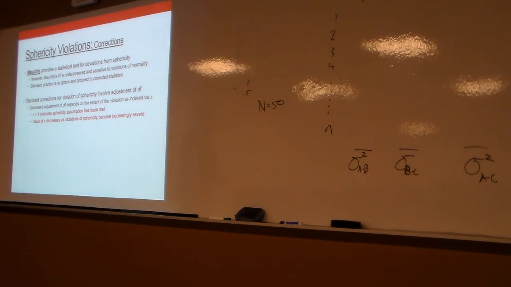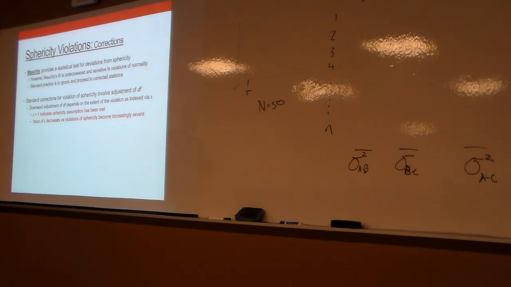Usually it's a downward correction. Same thing with our Fs. Depending on what correction we use, we test our test statistic against a critical value with different degrees of freedom indicated by our test, and that adjustment is based on the extent of the violation, our epsilon.